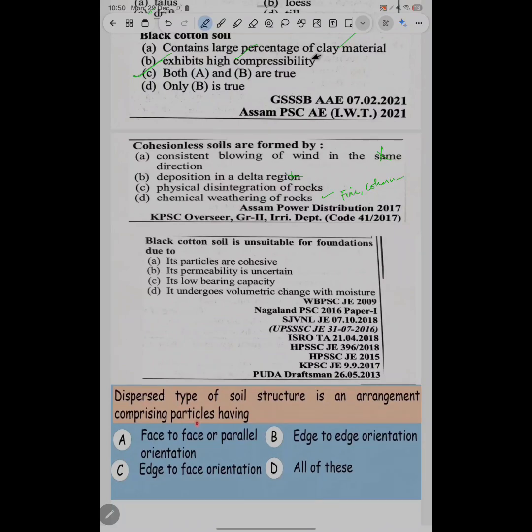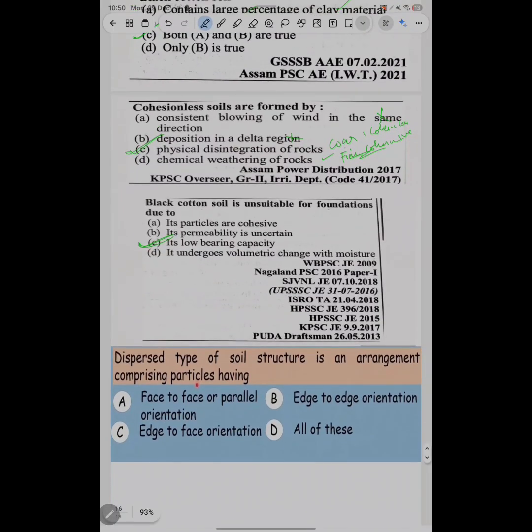For physical disintegration of rocks, coarse grained and cohesionless soil is formed. Okay, next, black cotton soil is unsuitable for foundation due to its low bearing capacity.